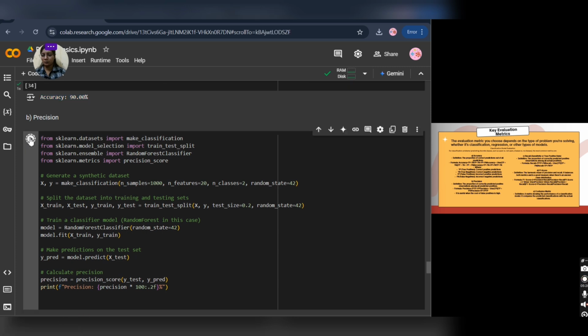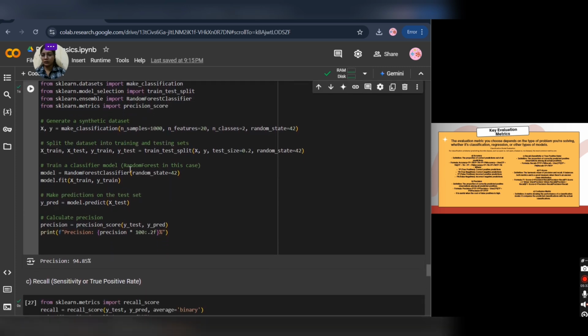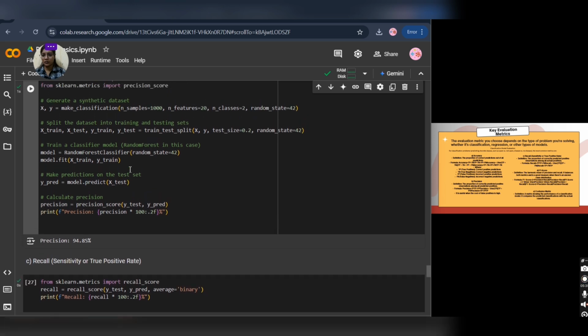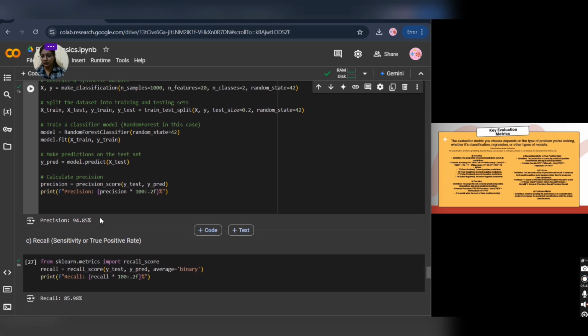Now, for precision, let us run this code that explains the concept of precision, that is, how much precision our model has, and the calculated precision is 94.85%.